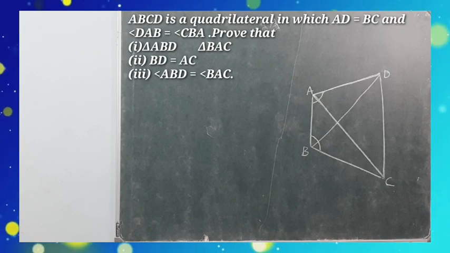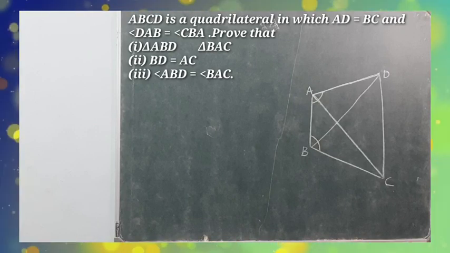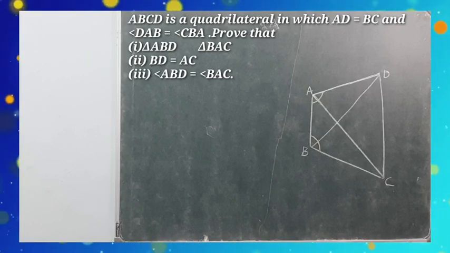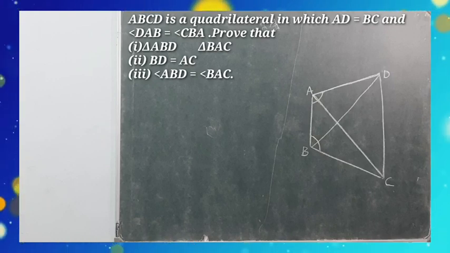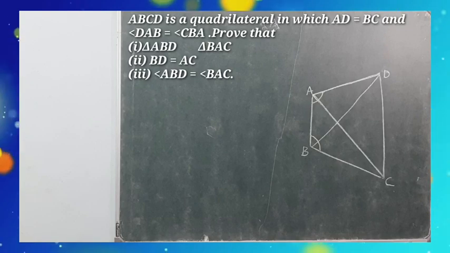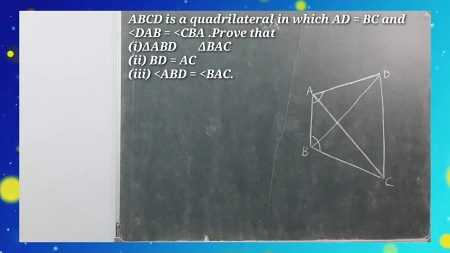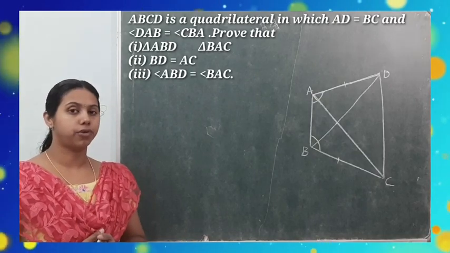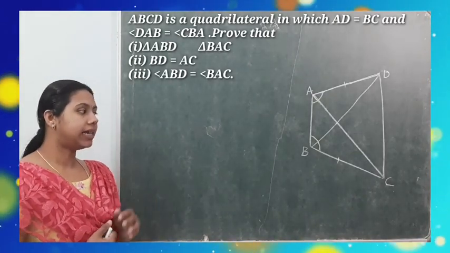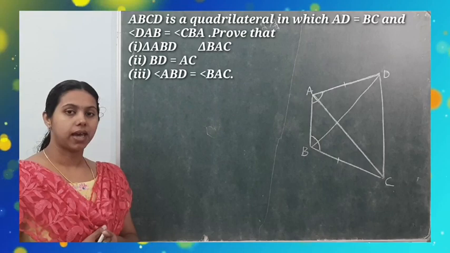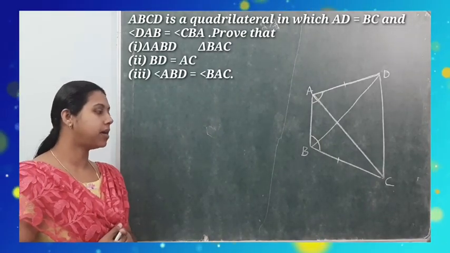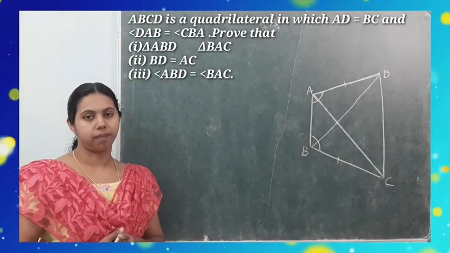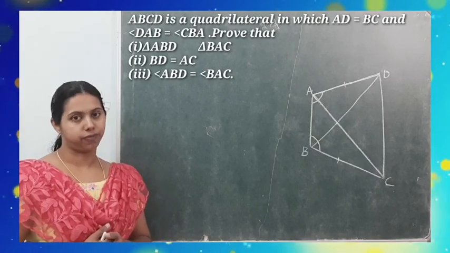First one, triangle ABD congruent to triangle BAC. Then you want to show that BD equals AC. Then you have to show that angle ABD equals angle BAC. So in the question, it's given for you AD equals BC and angle DAB equals angle CBA. These two things are given for you.